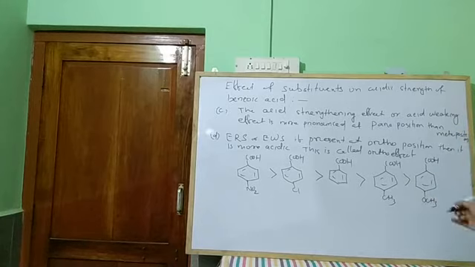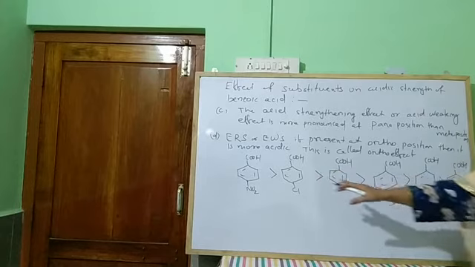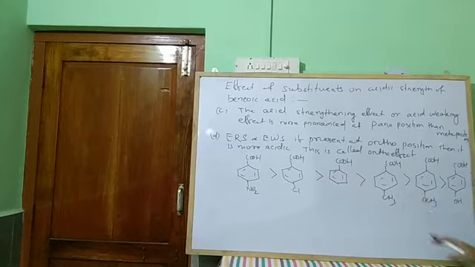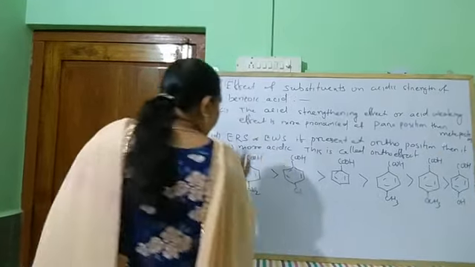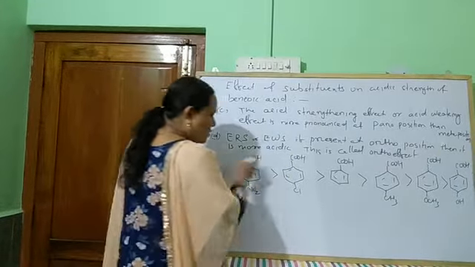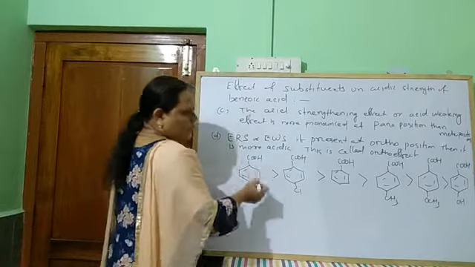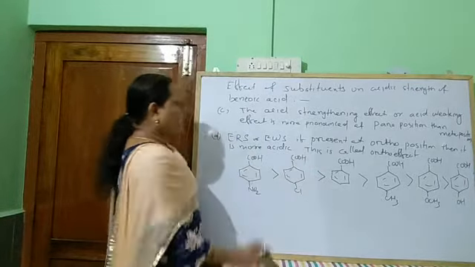Anisic acid is also known as para-methoxybenzoic acid, which is a stronger acid as compared to para-hydroxybenzoic acid. So these are the acidic strengths of some para substituted acids with respect to benzoic acid. Now we will discuss the effect of individual substituents with respect to benzoic acid.